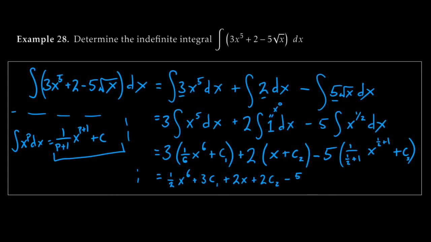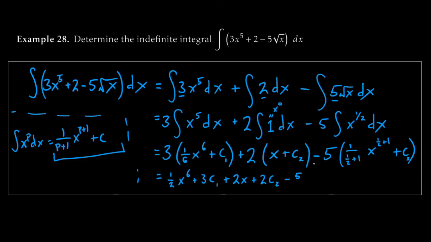So 5 times 1 over 1/2 plus 1. 1/2 plus 1 is 3/2, right? 3/2 on the bottom of a fraction is 2/3. That makes sense. Okay, so 5 times 2/3 is 10/3.